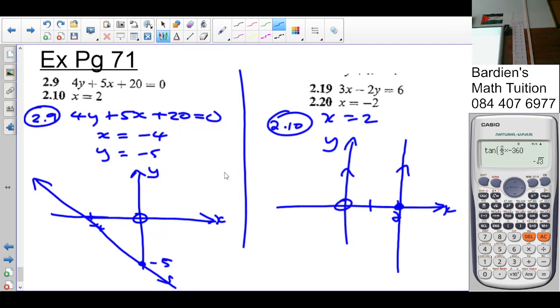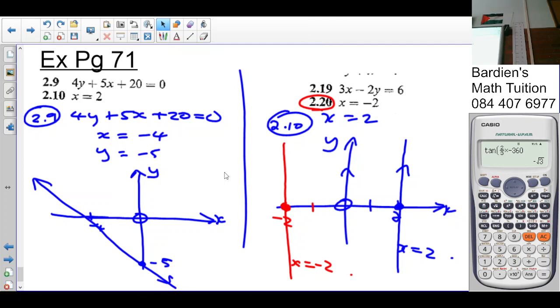You all agree with that? Right? X is equal to 2. For those of you who think you have 2 x's, but nobody knows about it, good. X is minus 2. There we go. Okay? Any confusion? No. Next one.